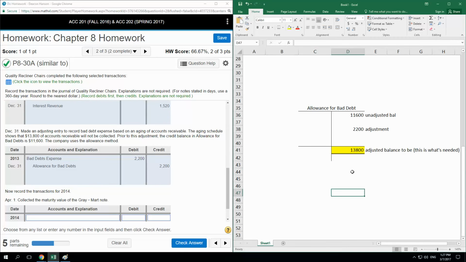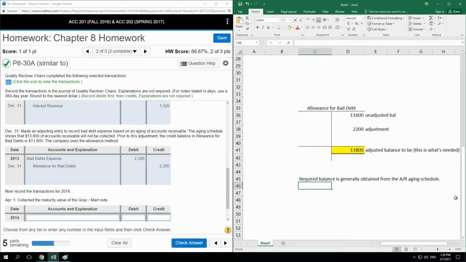And then we'll make a note over here, right? The required balance is generally obtained from the aging schedule. Or we'll call it accounts receivable aging schedule. Okay?